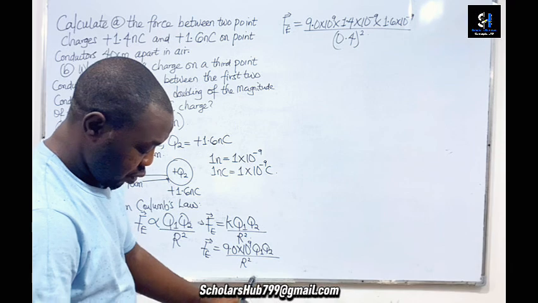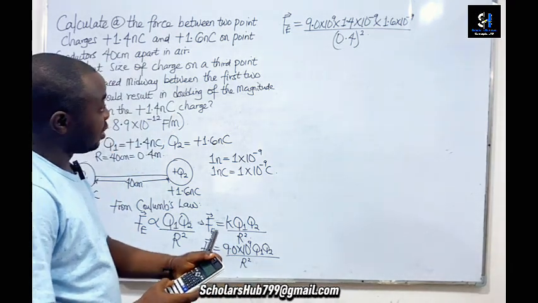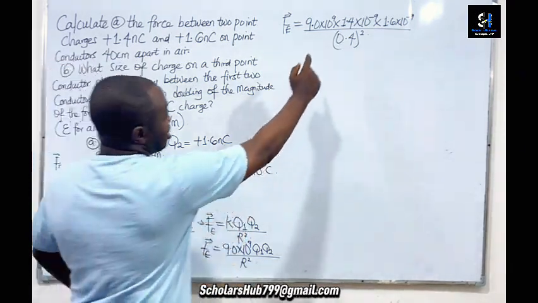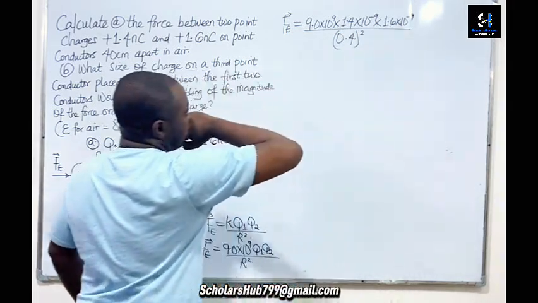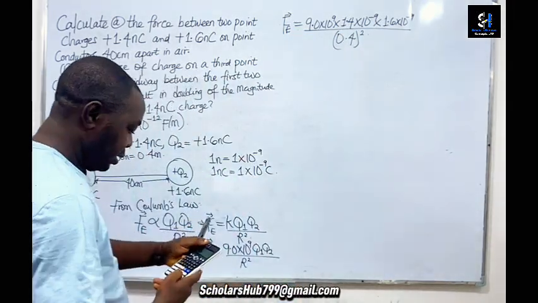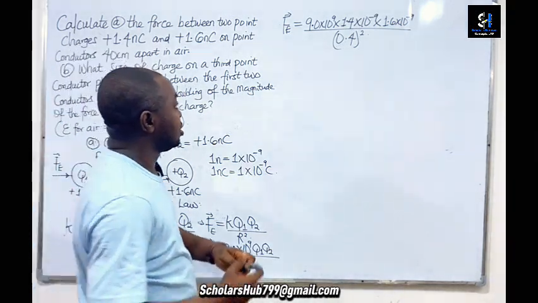Okay, so what is 1.4 multiplied by 1.6, then multiplied by 9? That will be 20.16.